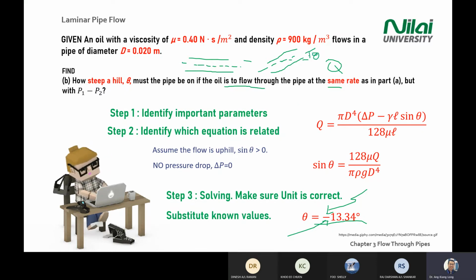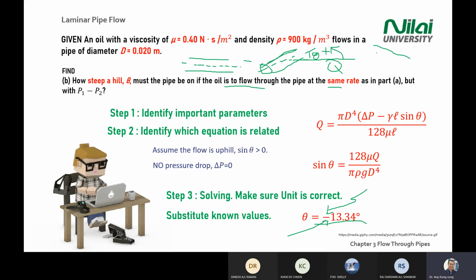And we already defined just now what our positive direction is. Our positive direction is from horizontal anti-clockwise. But now you get a negative sign. What does it mean? It means in a real scenario, your pipe cannot go this way.